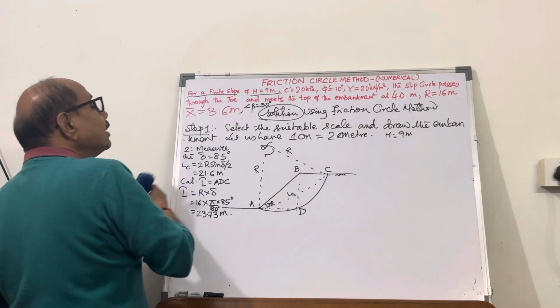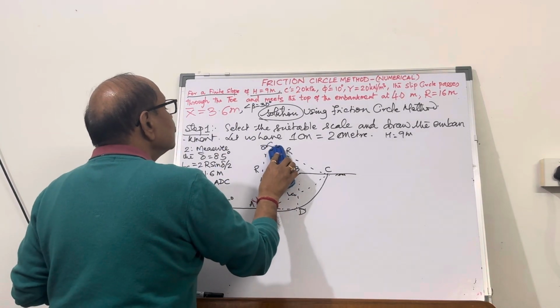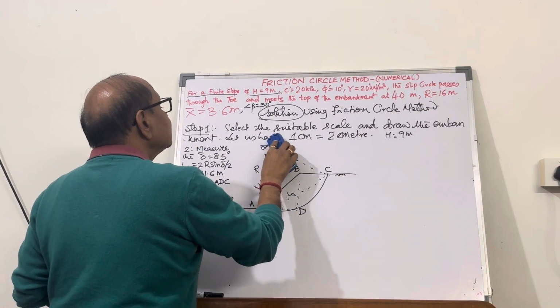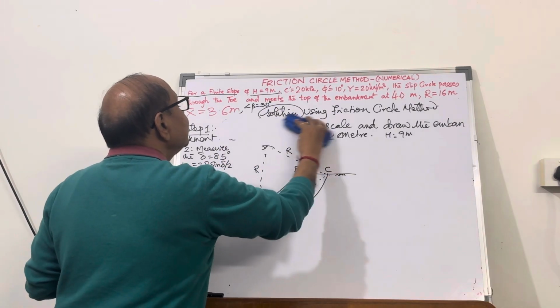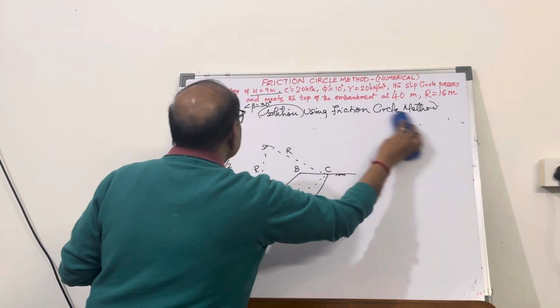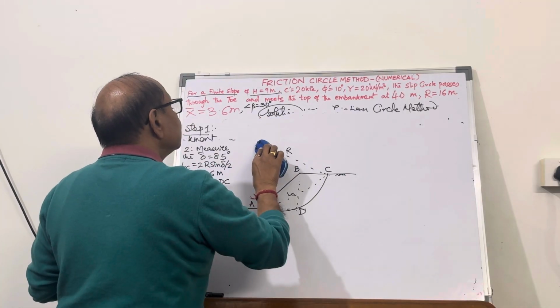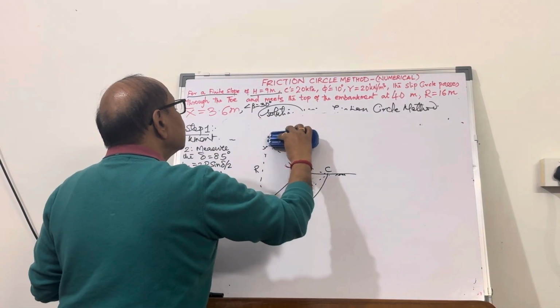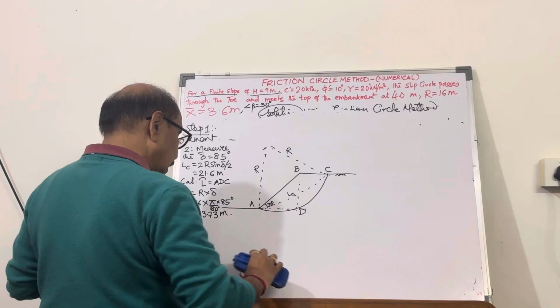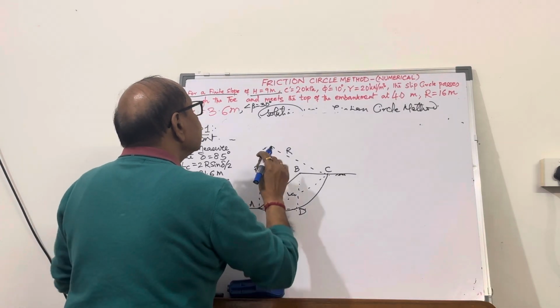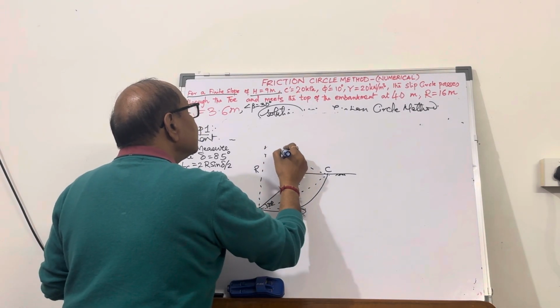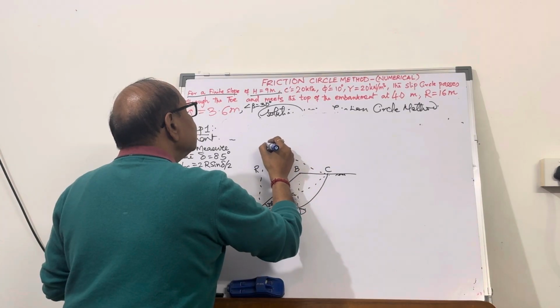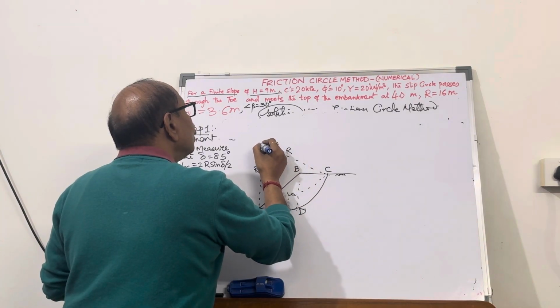So the friction circle can be drawn. How to draw the friction circle, you know that. What would be the radius of the friction circle? As we know, here this is the point of intersection. This is O.